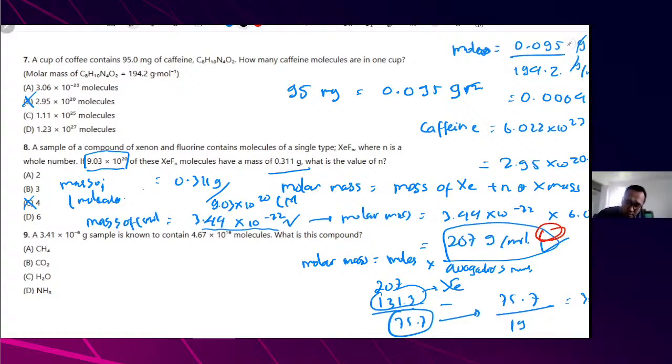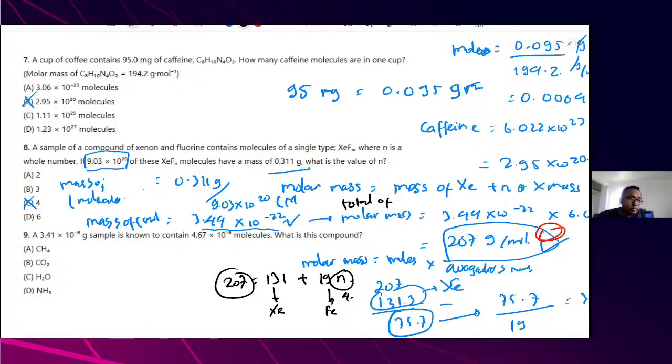Remember the total is 207, and we have 131 for xenon, which is still molar mass, and then fluorine is 19 times n. The total molar mass is this. We need to determine how many fluorines, so it should be 4.